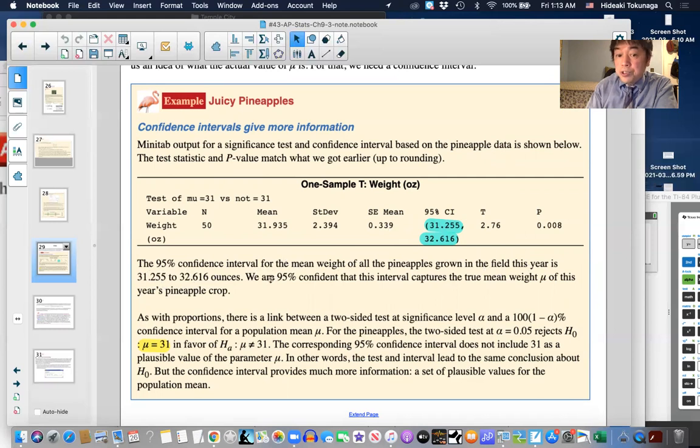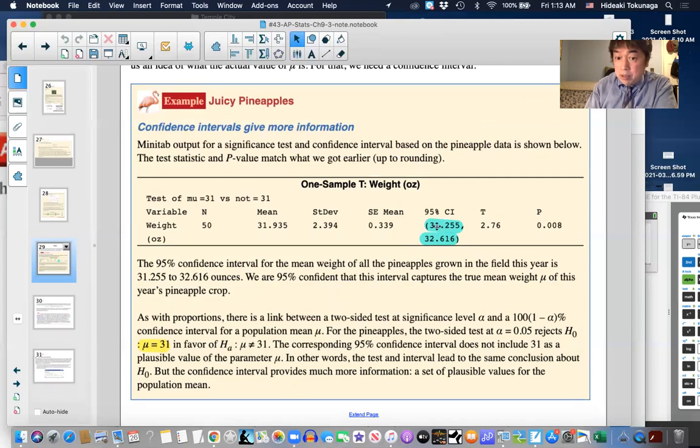The conclusion from this Minitab output, if you read it as a confidence interval, is that we are 95% confident that the true mean exists between those values. The interval captures the true mean weight mu of this year's pineapple crop.